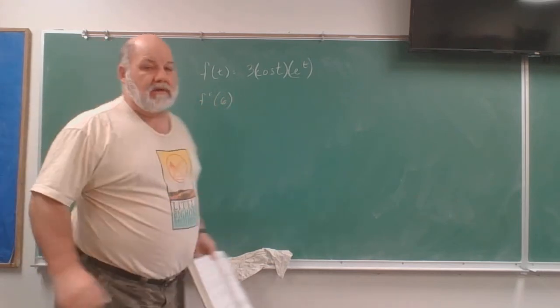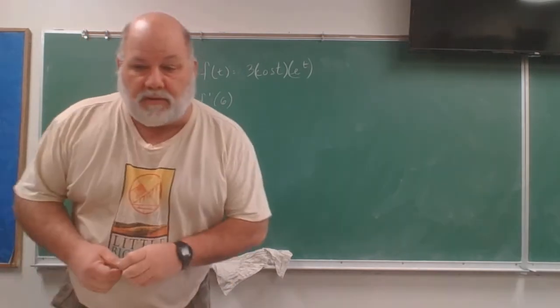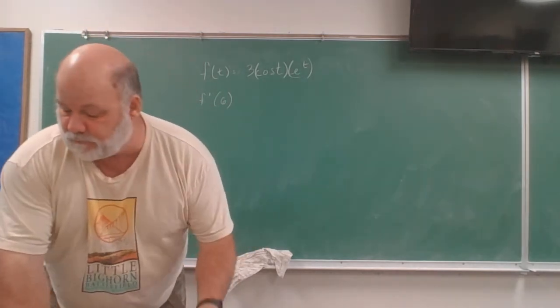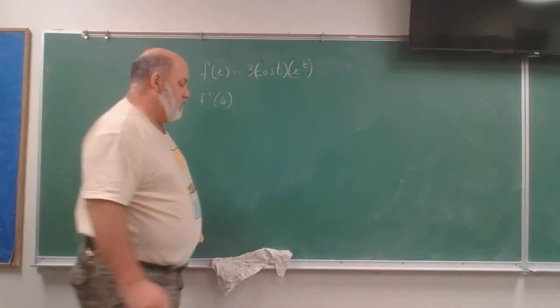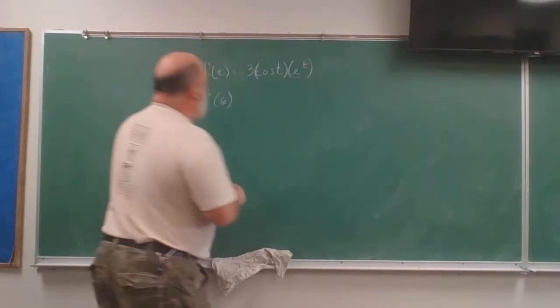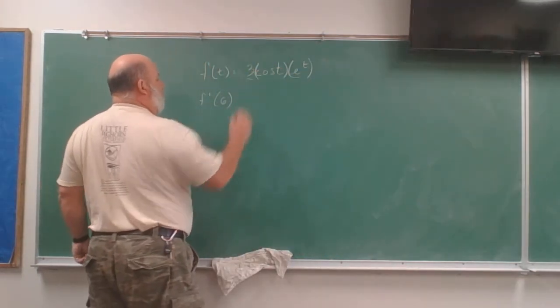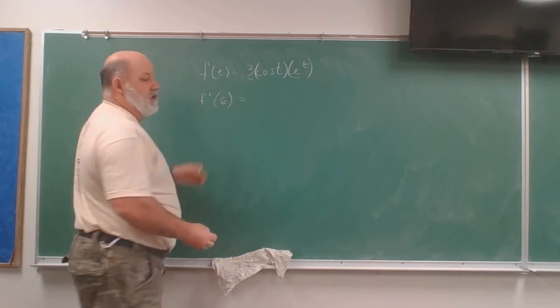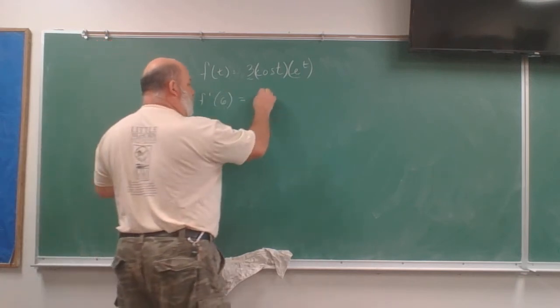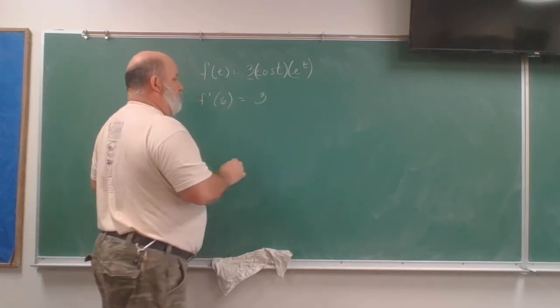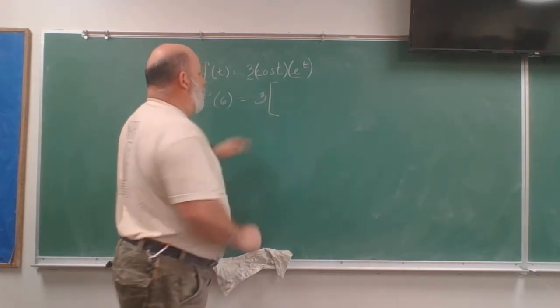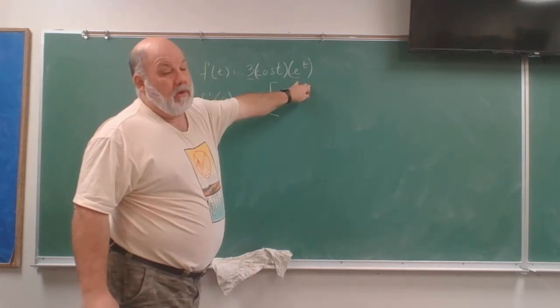Oh my goodness, what are they asking there? We're at 13 minutes. I hope you're still with me. What they want you to do is take the derivative of this. Now this constant will not affect anything, at least in taking the derivative. It's going to be 3 times the derivative of these two. We're going to use the product rule.